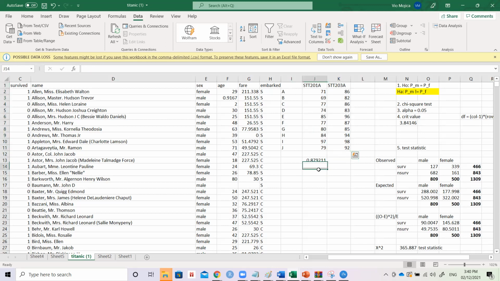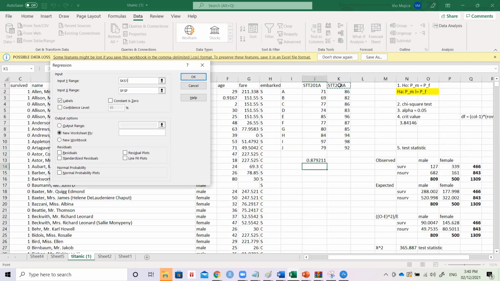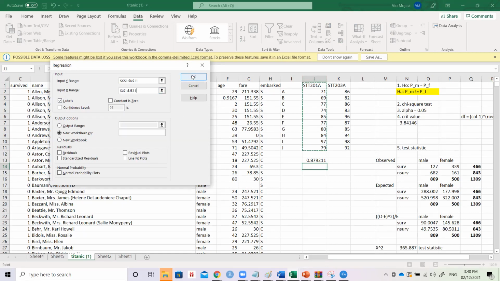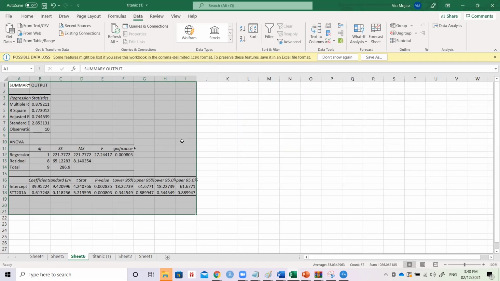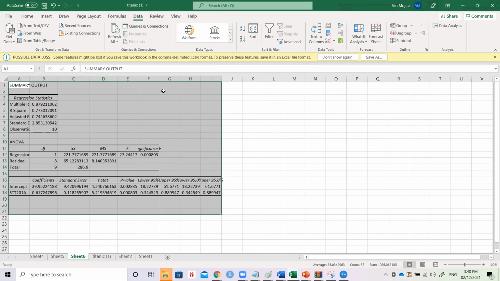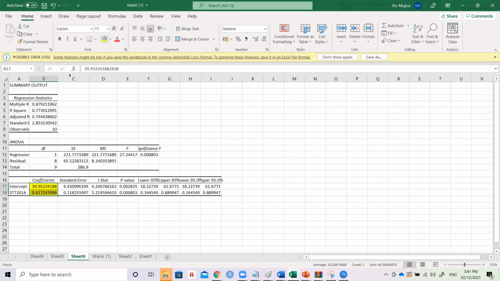So what we can do is to create a regression equation. So data, regression. We want to predict Stat 203 from Stat 201 grades. Labels, check. Ayan. Here, we want to interpret these results. How do we interpret these results? These two are the most important na components for now, as well as R square. So these highlighted cells. If you want, I can send you this Excel file later, so that you can review them.